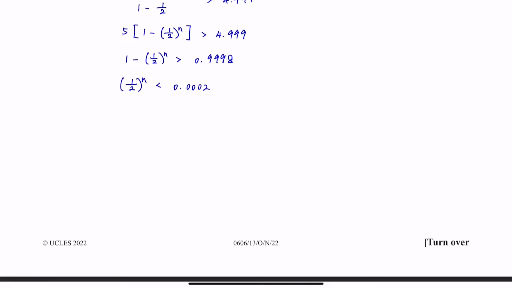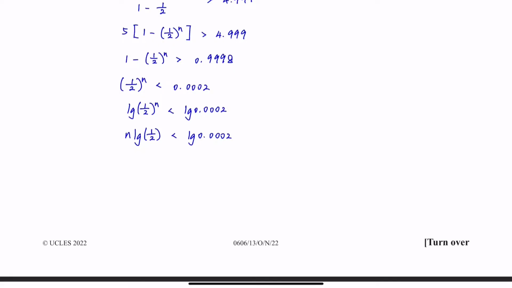And now we can log both sides. So we have log 1 over 2 to the power of n is less than log 0.0002. So we can bring this n to the front. We have n times log half less than log 0.0002.